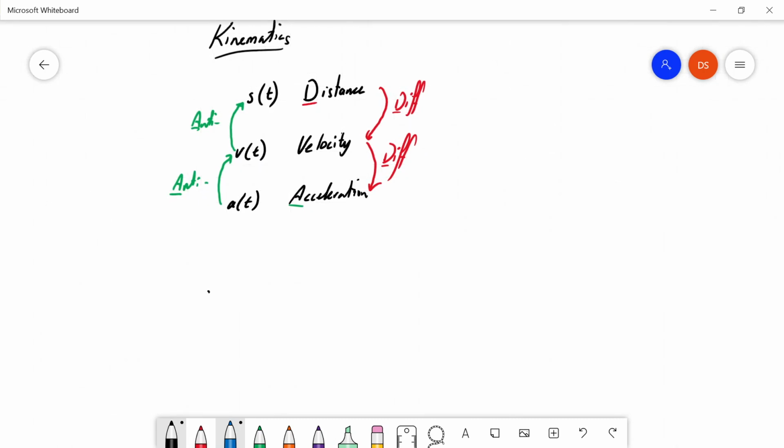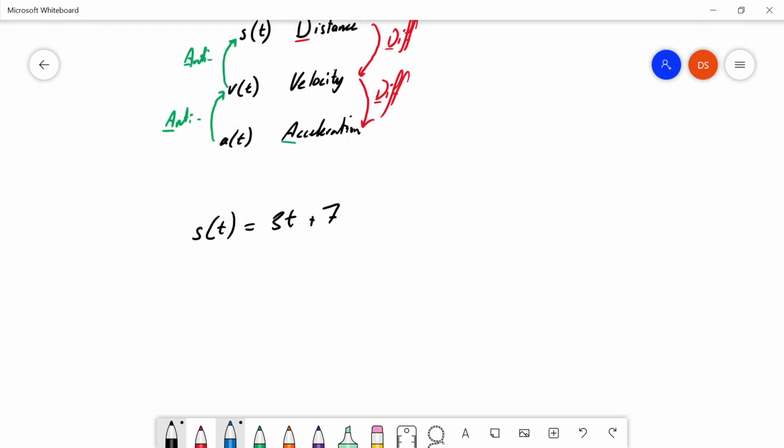Suppose I gave you a function. I said to you the distance of a particle from a certain point is 3t plus 7. Well, what is the velocity? The velocity is just equal to the derivative of distance, because distance over time is velocity.